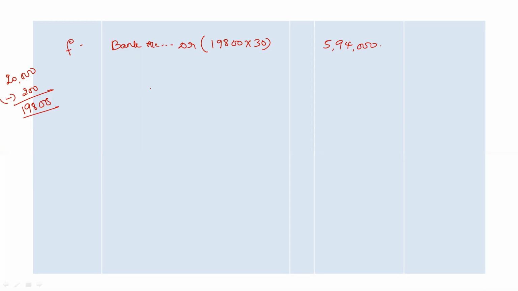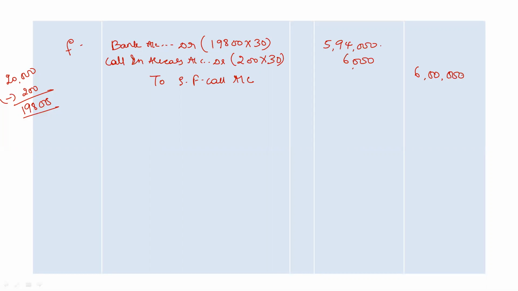Now there is a calls in arrears. Calls in arrears is my loss. So losses account will be debited. Calls in arrears account is debited. For 200 shares, company is not receiving 30 rupees. So 6,000 rupees will be my calls in arrears, to share first call account. You can call it as share first and final call account, right? So total share first and final call is 6 lakh. Out of 6 lakh which the company asked to pay, public paid 5,94,000.